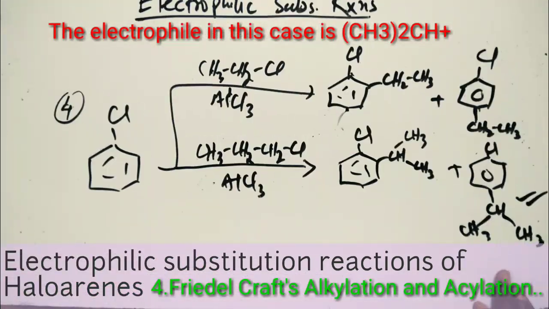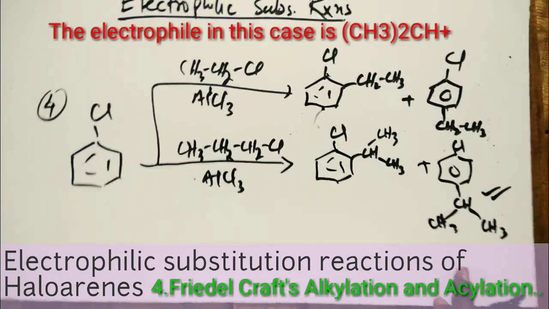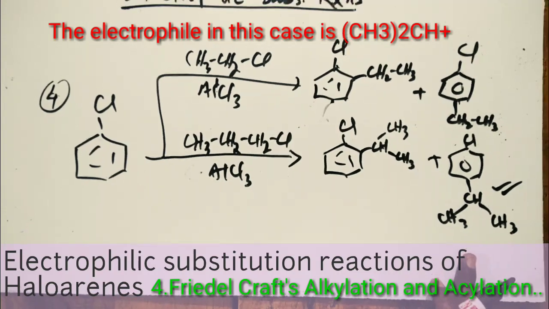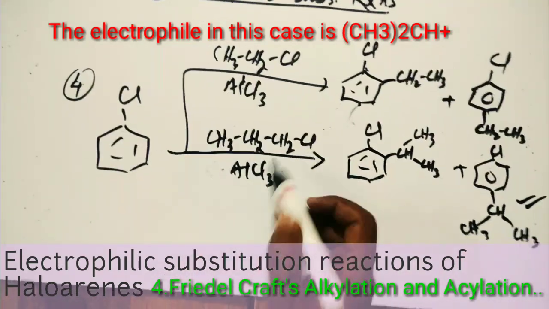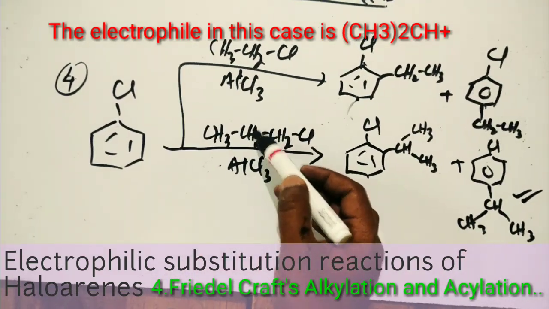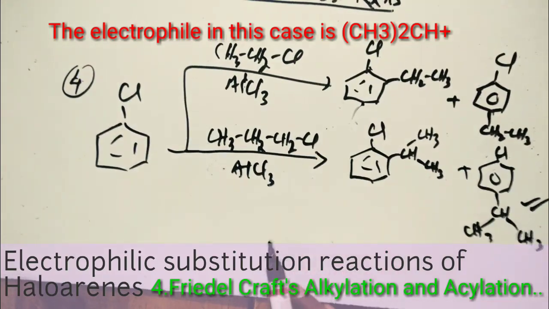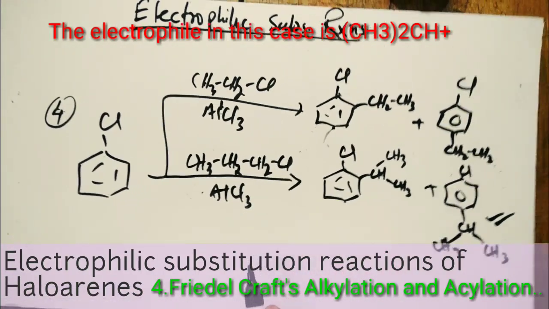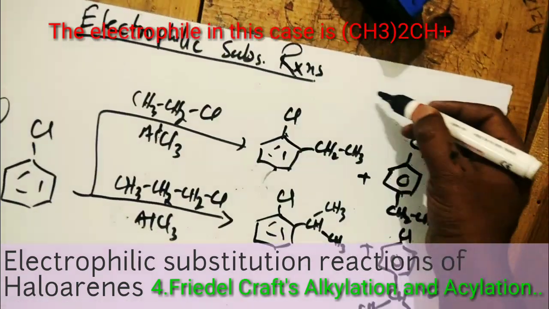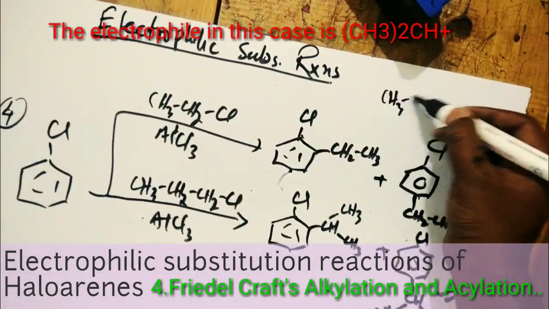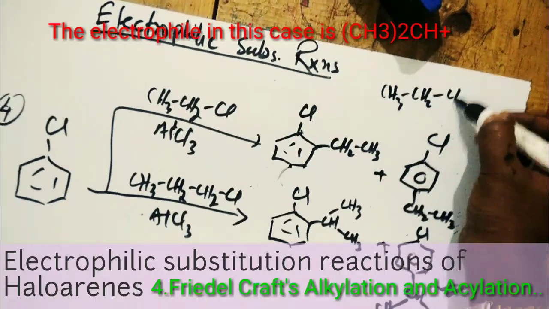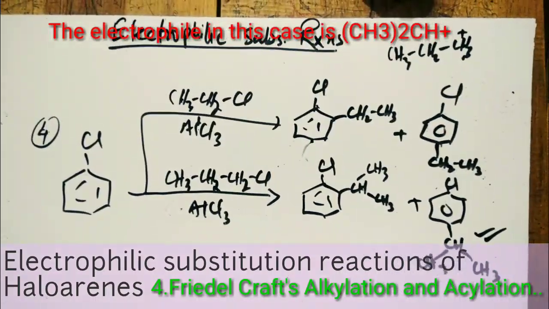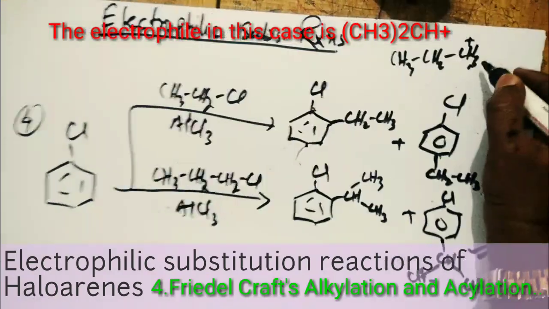The reason for this change is, in this case, these two reagents react to form an intermediate, which is this CH3CH2CH2+, which is a primary carbocation.